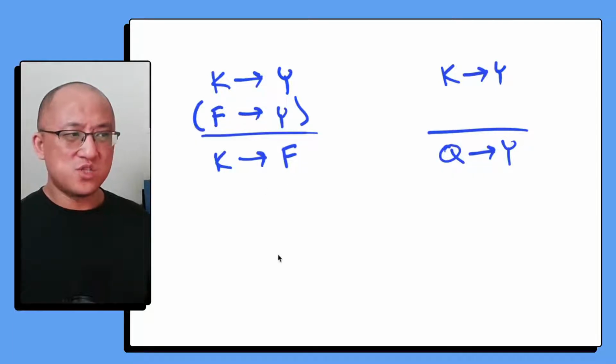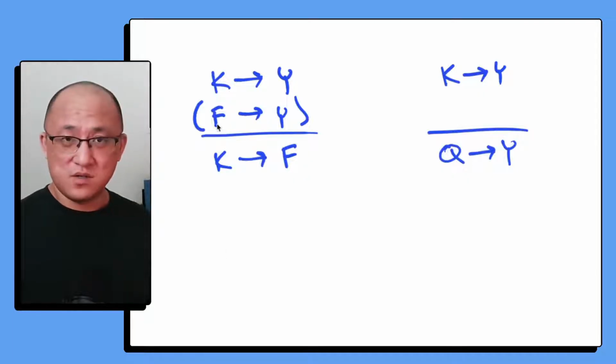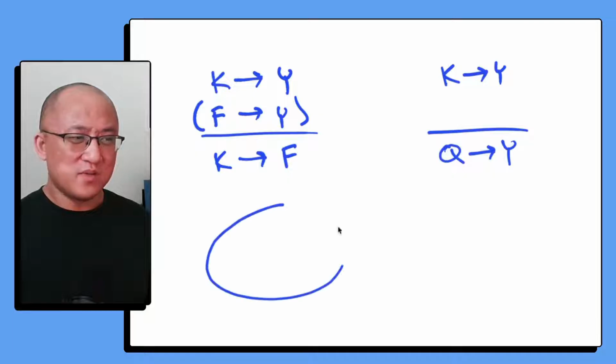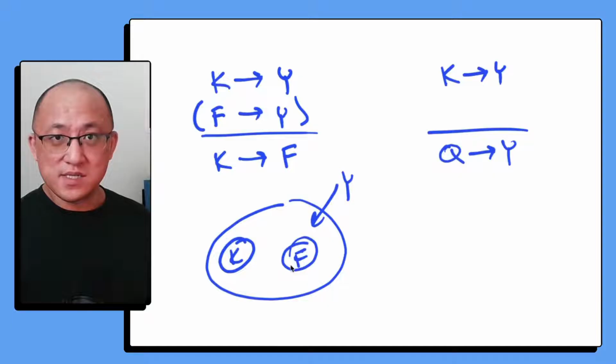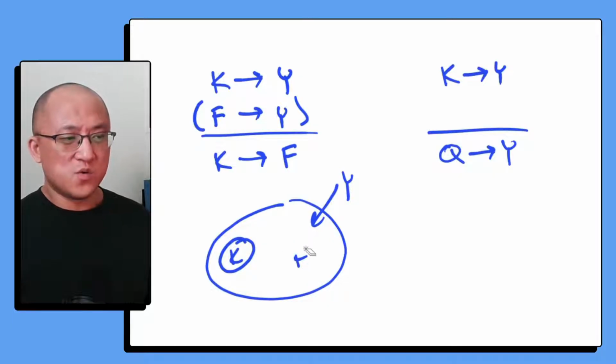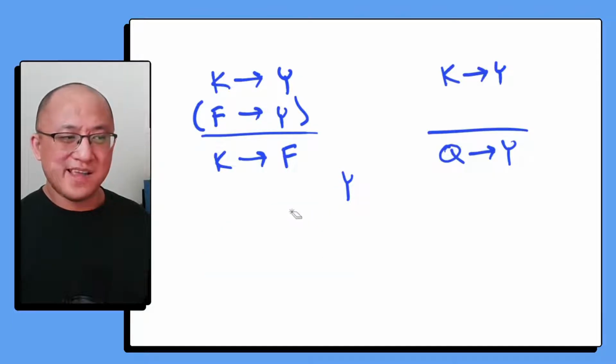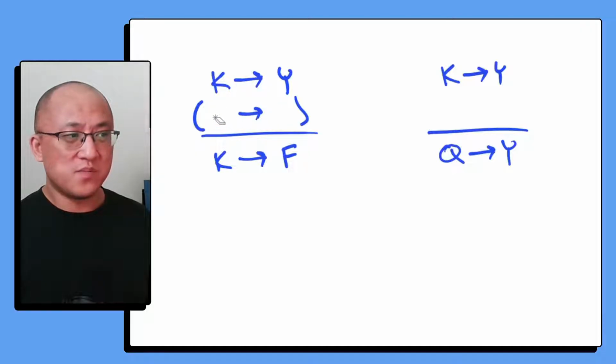Well, all this would show is I know that K's are Y, I know that F's are Y, but the problem is the Y circle could be this big one here, and maybe this one is the K circle and this one is the F circle. This does not show that every single K is going to fall into the category of F. So that's why F going to Y isn't going to be the answer. The answer is instead going to be Y going to F.